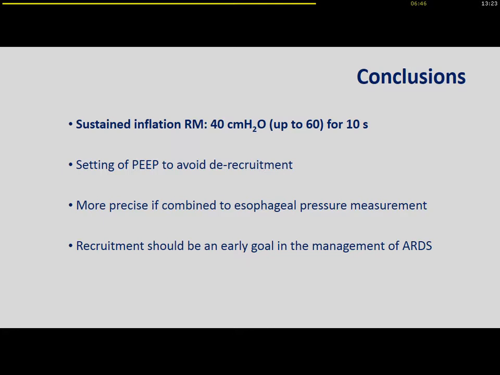It's not a must, but when the patient is really serious, with serious hypoxemia, I think it's useful to combine both. And we have to keep in mind that recruitment should be an early goal in the management of RDS. If we do it at the beginning, it will be much easier and more efficient than if we wait 3, 4, 5 days. I thank you for your attention.